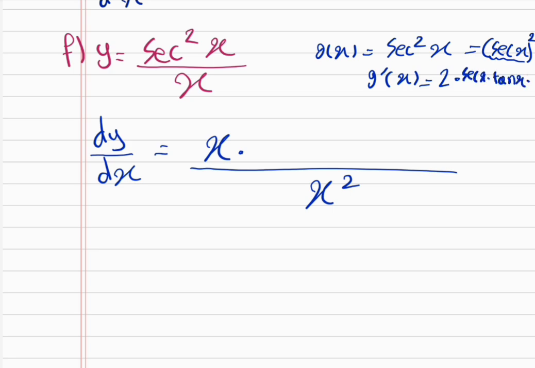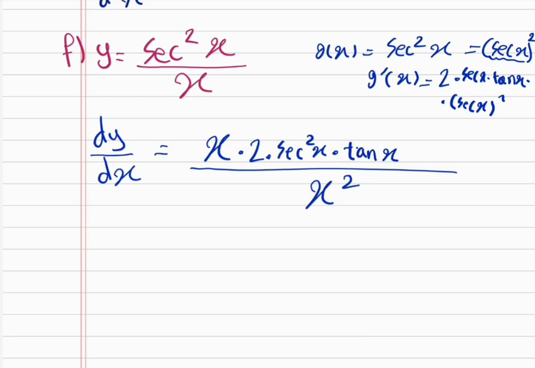Also, don't forget that when you use the chain rule, the first part is using the power and differentiating inside, and the second part is writing the inside function without any changes and taking away 1 from the power, which is obviously sec x. So we have 2 sec x times tan x times another sec x, which gives us 2 times sec squared x times tan x, because we have 2 sec x's.